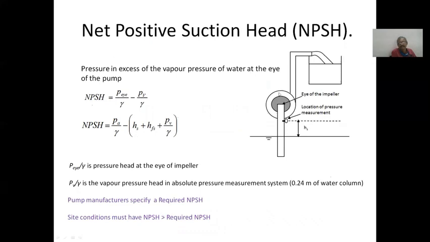Or otherwise the drop in pressure at the eye would be more than the vapor pressure of the water, and the pump will not function. So this should be kept in mind when you are selecting the pump. These factors should also be considered.